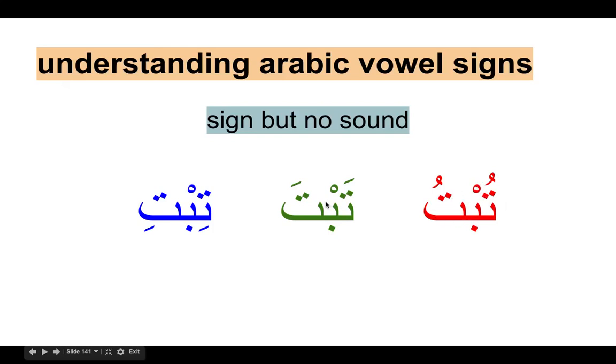So we don't have any vowel sign. We stop the sound like tub, tu, tab, ta, tib, ti. So this is the rule of sukoon. When there is no vowel sign, that means the letter has a sukoon.